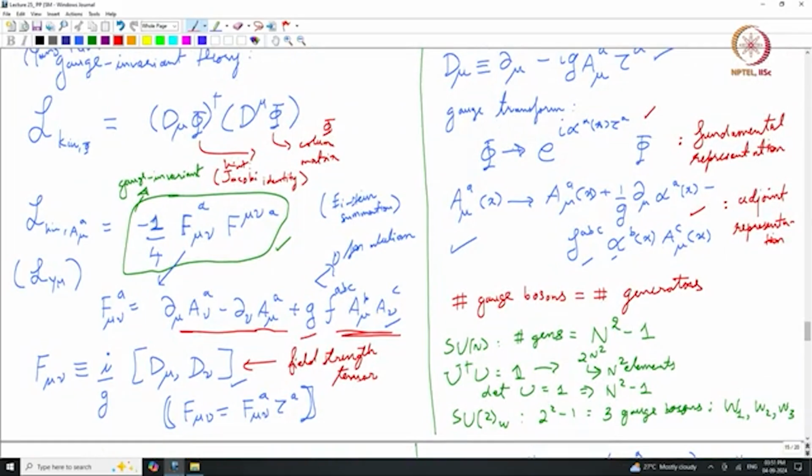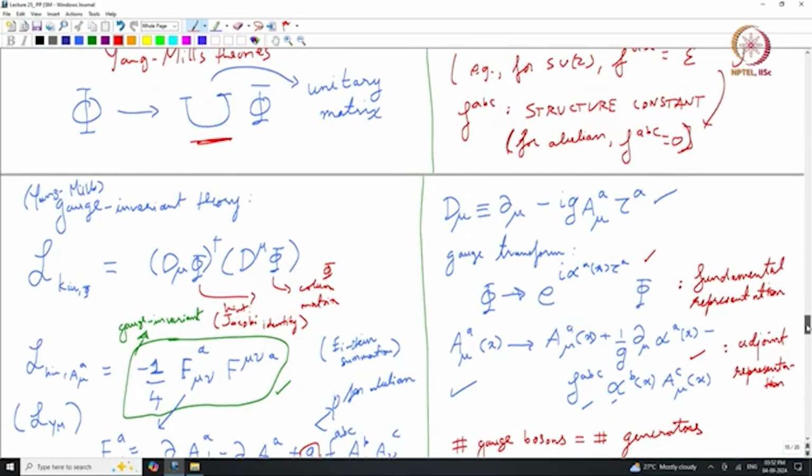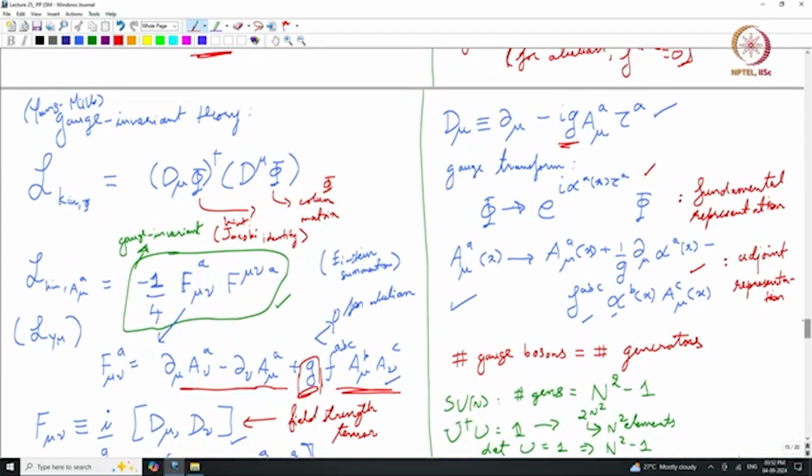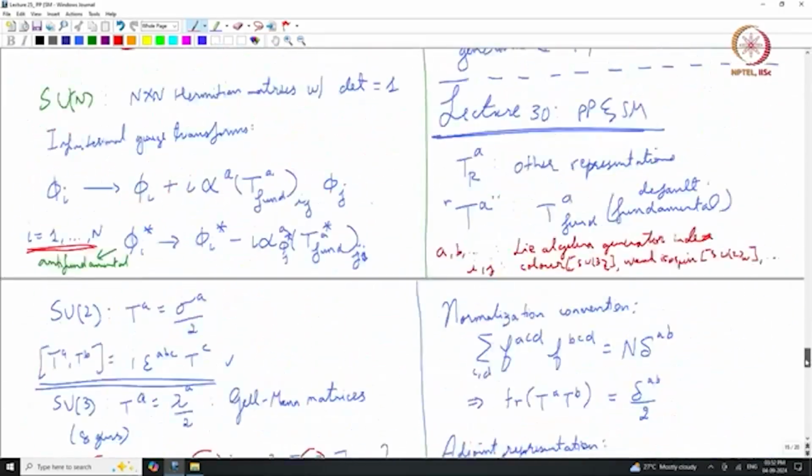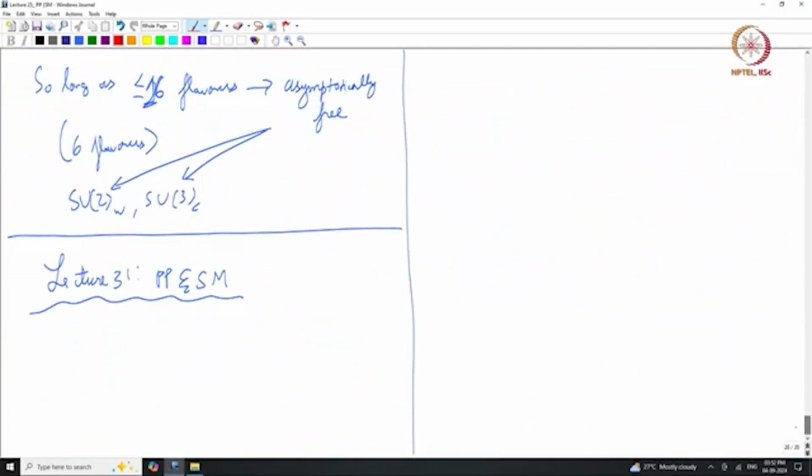See over here, in the field strength tensor itself, you have a coupling sitting around, and that is a coupling that determines the interaction between the A fields, which are gluons or W bosons and so on. And notice that that is also the coupling that determines the interaction between the gluon or the W boson and the corresponding fermion, because it's in the covariant derivative. This coupling keeps coming up again and again.